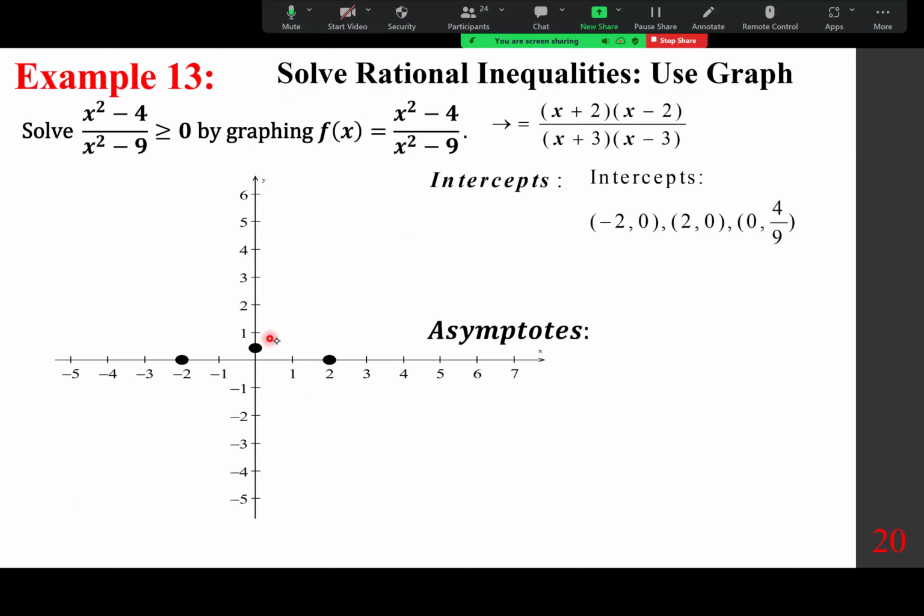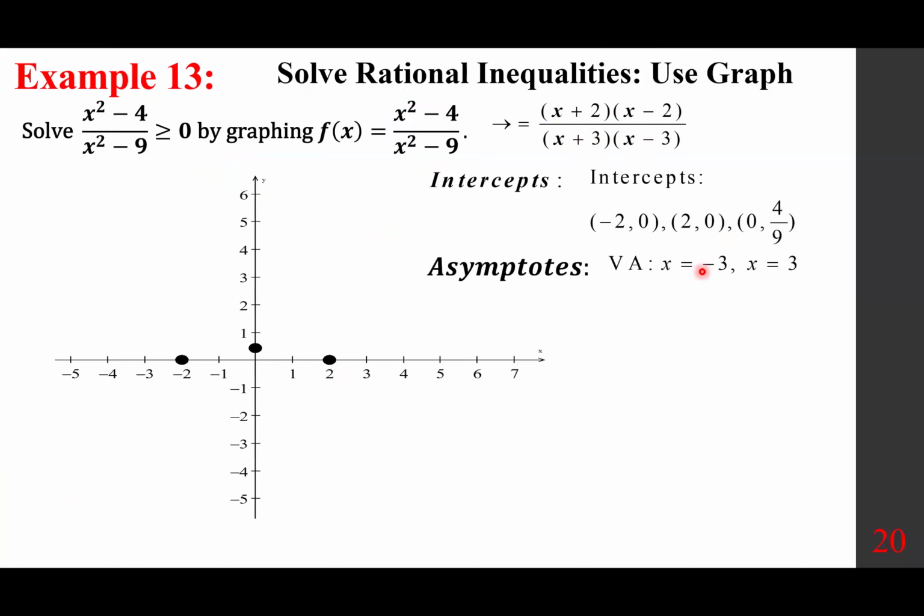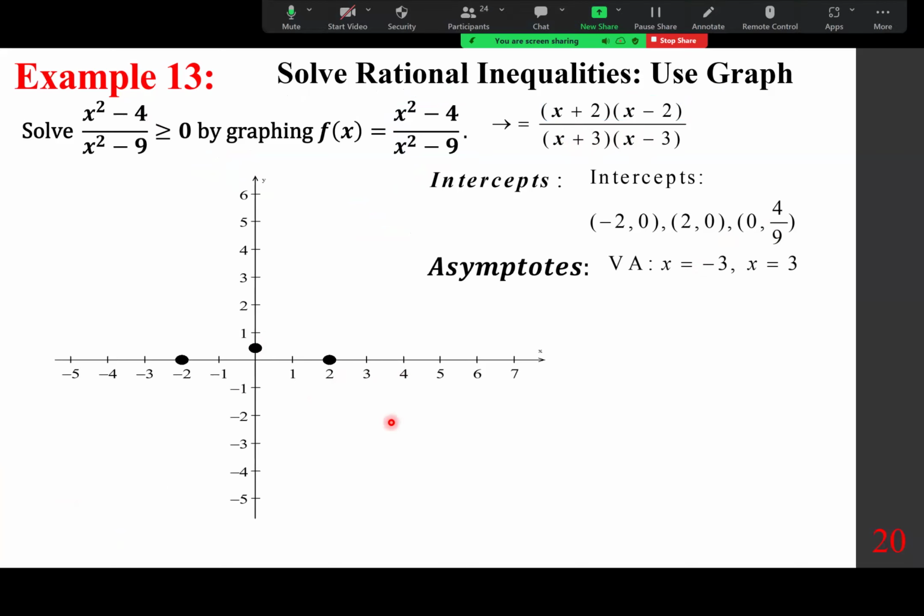Asymptotes. Vertical asymptotes: the bottom is 0, so x equals −3 and x equals positive 3. And then the horizontal asymptote, y equals 1. Why is that?